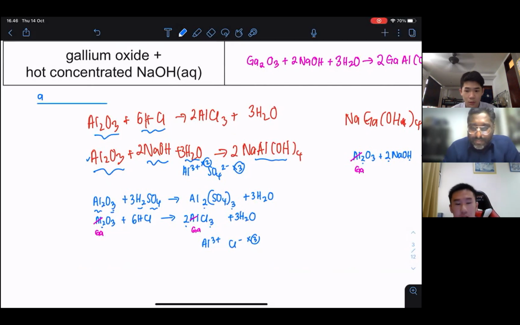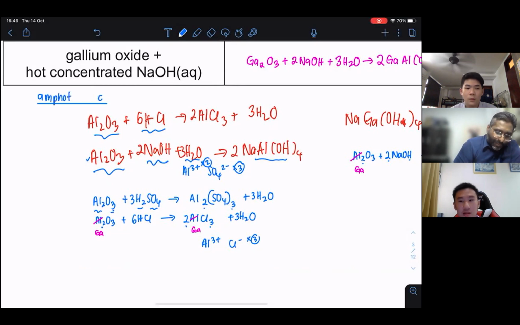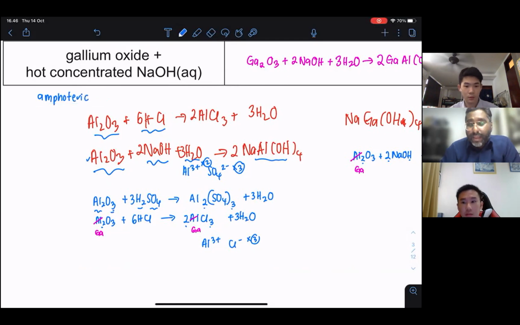Starts with A, ends with C. Amphoteric. Yes, this is amphoteric, because they can react with both acid and base. So you can see that they can react with acid, and they can also react with the base. This is found in the periodicity chapter in your textbook.